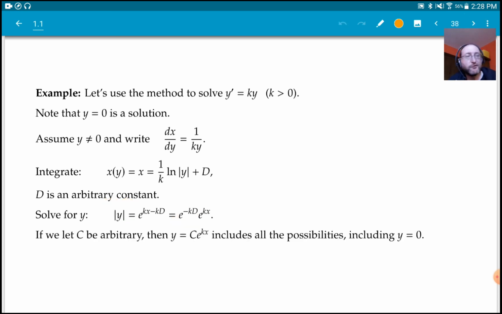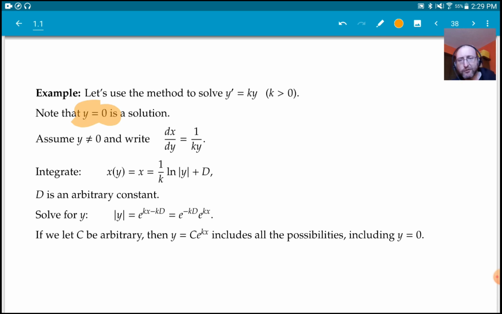But if we think of an arbitrary c, including negative, and we write y is c e to the kx, then we get both signs. We get both where y was positive and where y was negative. And we actually get even y equals 0, which we separated out here.